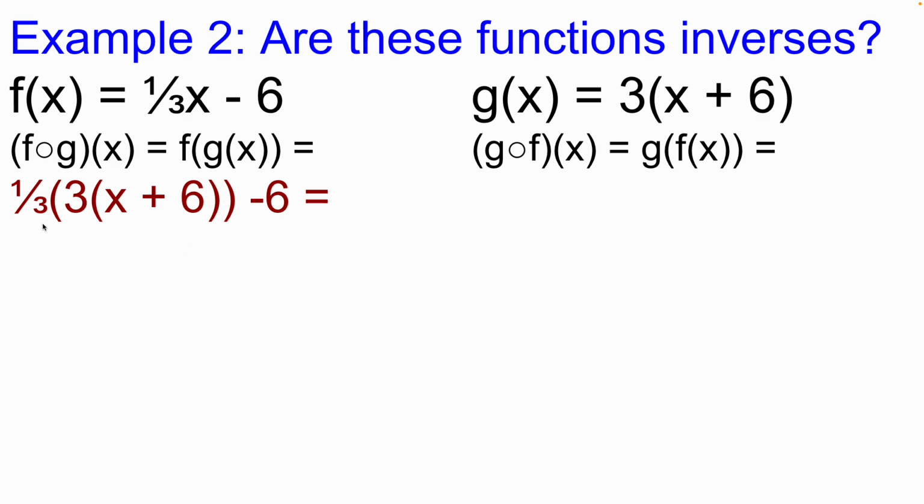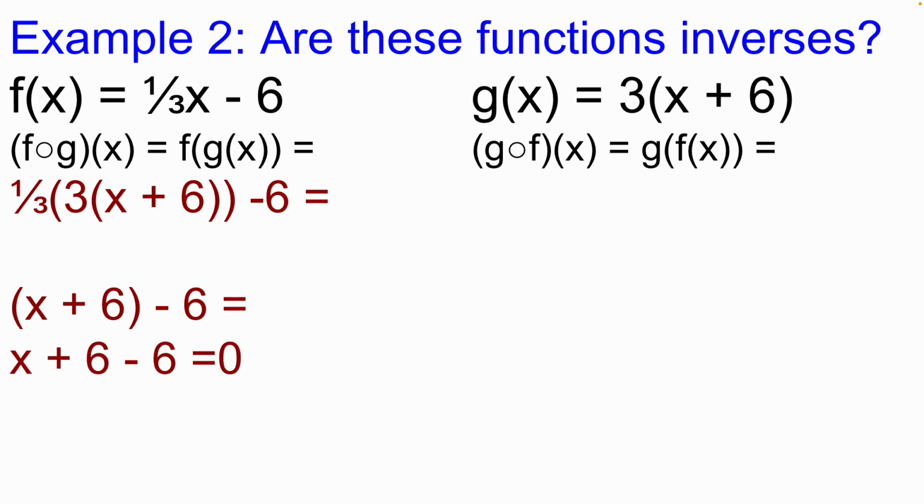The first thing I'm going to do is multiply 1/3 and 3. Those will cancel each other out because they're multiplicative inverses. Now this second set of parentheses is unnecessary because there's no multiplication outside anymore, so I can just get rid of that. So this will become x plus 6 minus 6.